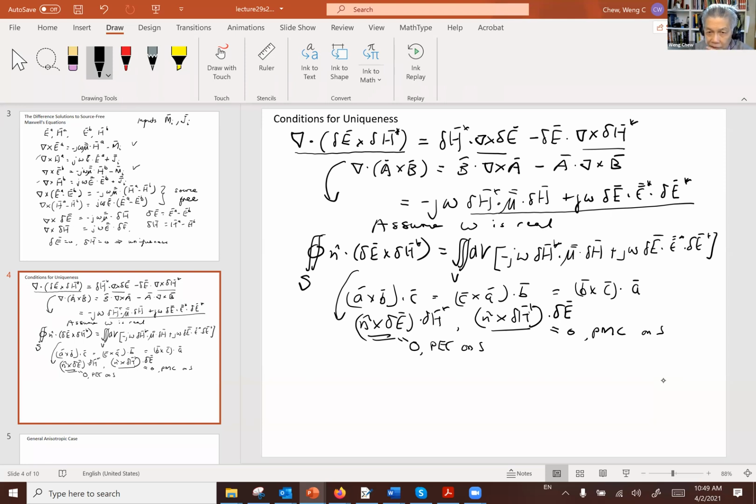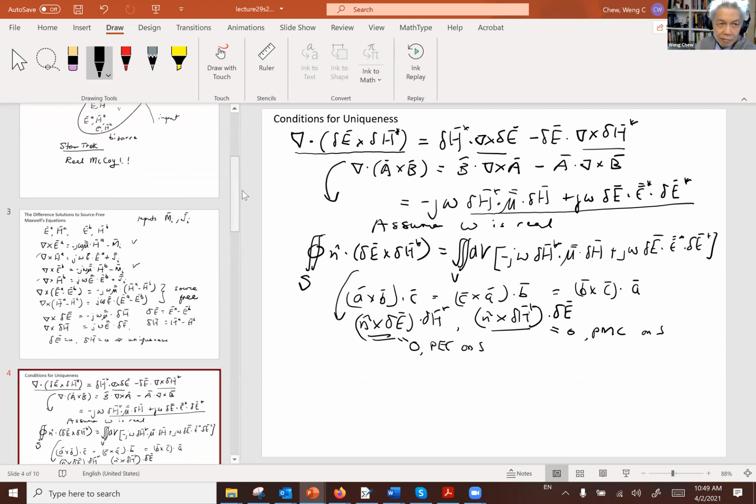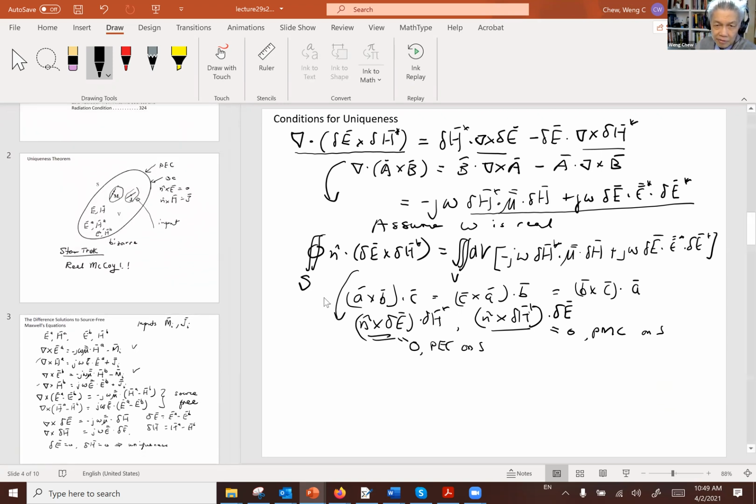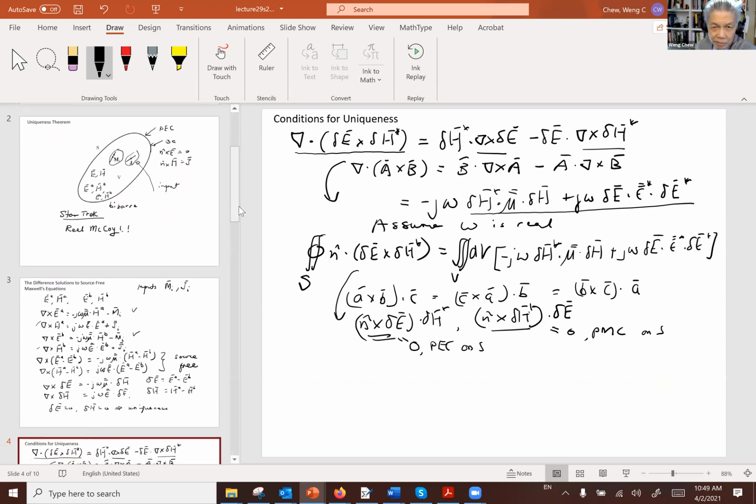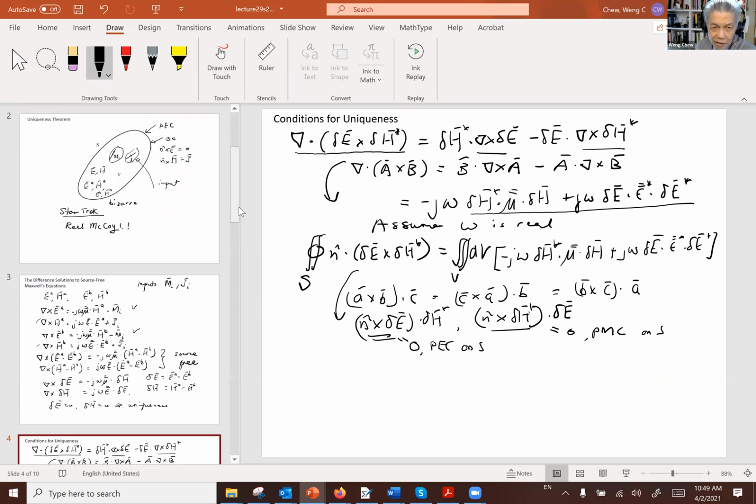So let's assume that you have the boundary conditions to be that of a PEC. Then I can make the left-hand side equal to 0. I can have something even more different than a PEC.